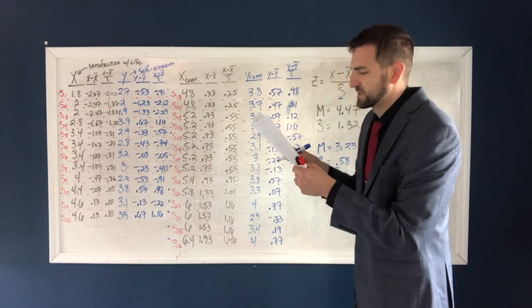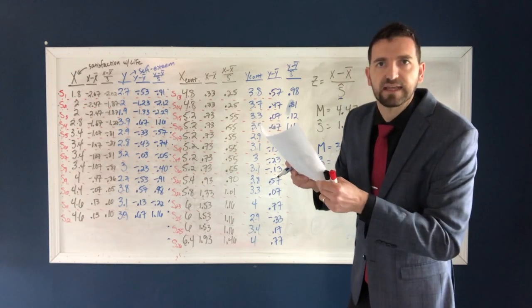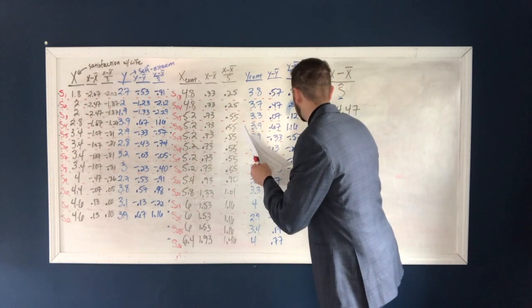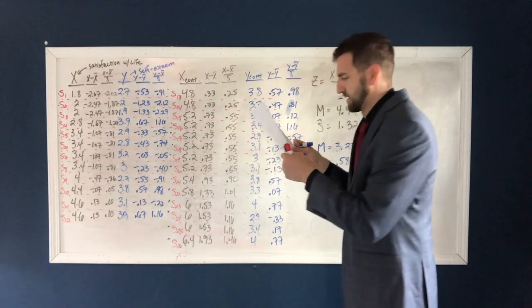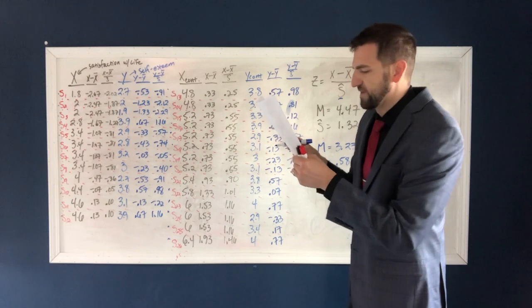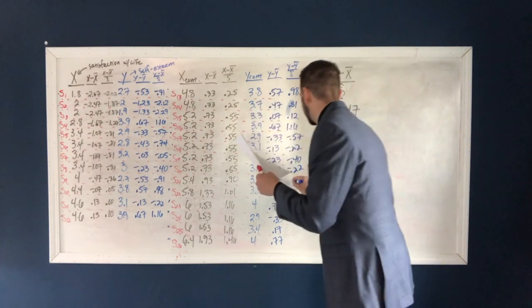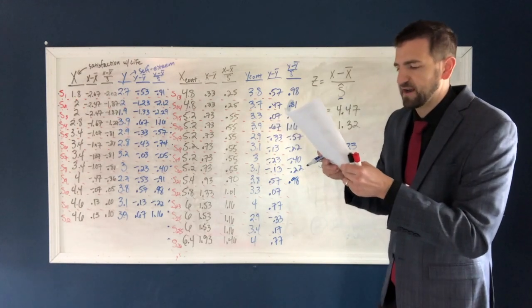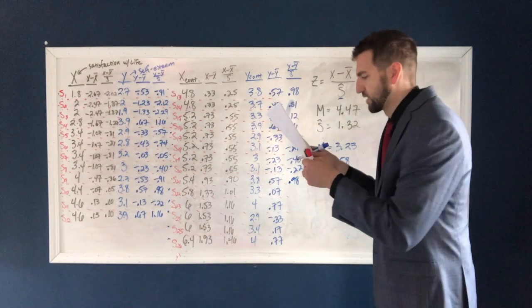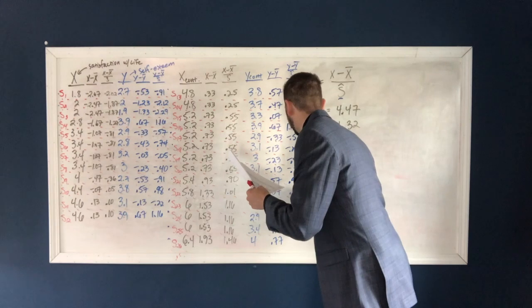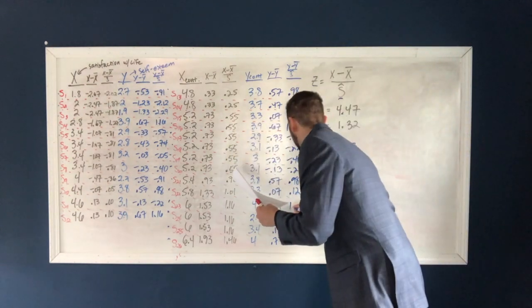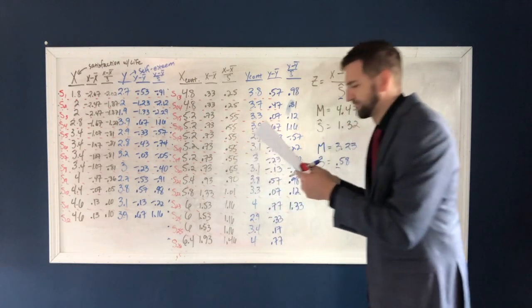Negative 0.13 divided by 0.58, we're going to get negative 0.22. 0.57 divided by 0.58, we're going to get 0.98. 0.07 divided by 0.58, we're going to get 0.12. 0.77 divided by 0.58, we're going to get 1.33.